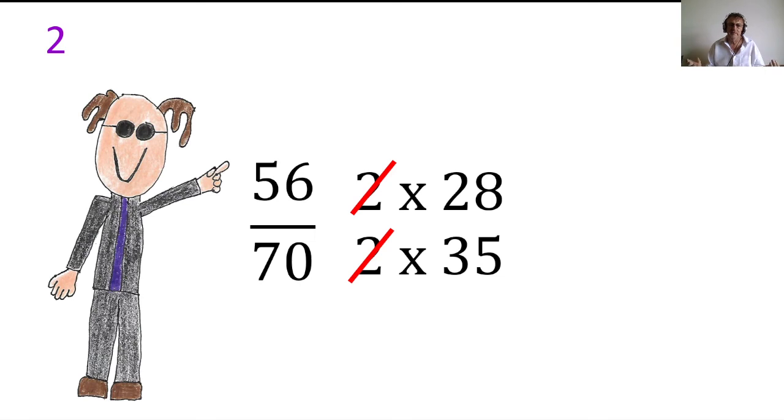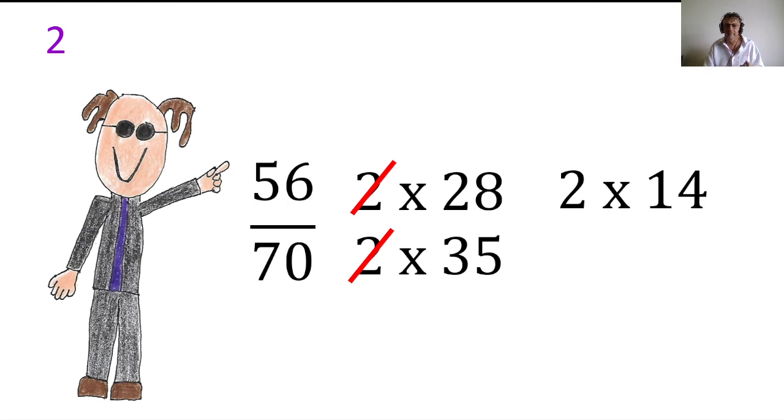Now, 28 and 35 are both composite numbers, so we need to factor them. 28, even number, divide by 2. Gives us 2 times 14. 35 is not an even number, it is an odd number.